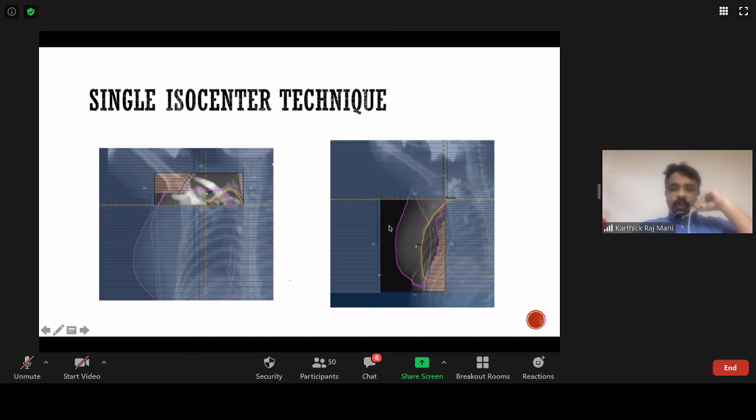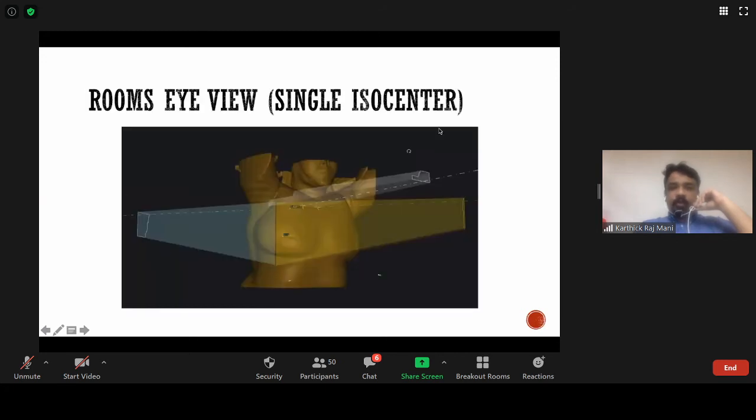You can add a field in field method or an enhanced dynamic wedge method to improve your homogeneity between the breast and the supraclavicular and axillary nodal area. So this is how a single isocentric technique treats a supraclav plus axilla as well as the breast with the tangential fields.